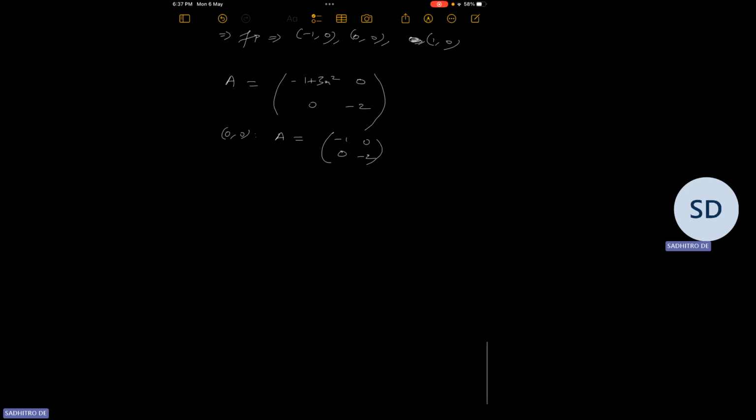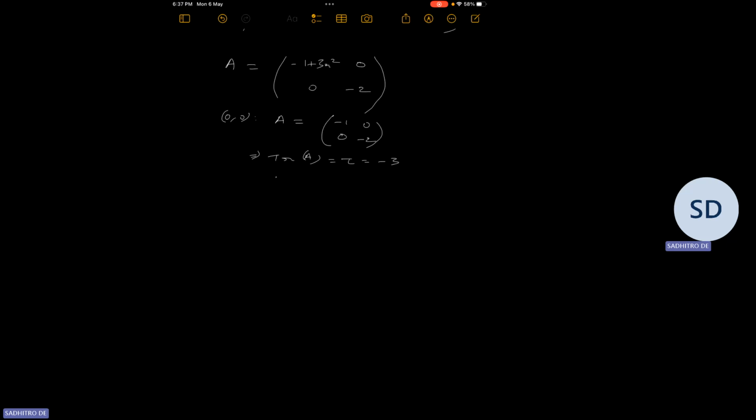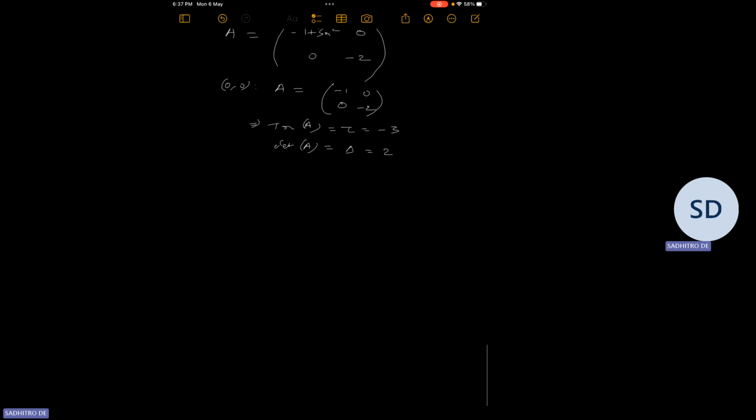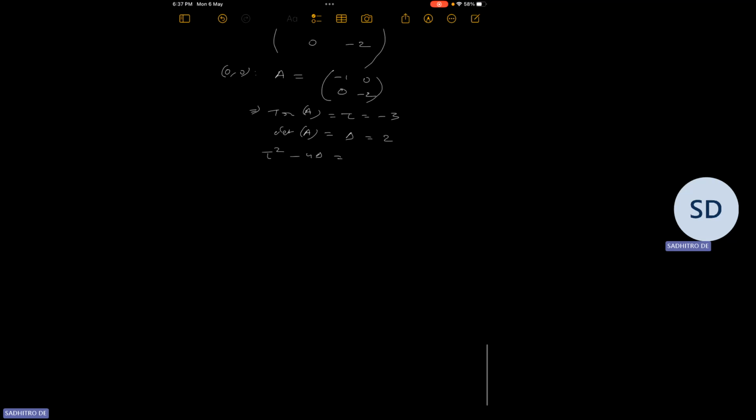So here the trace of A is tau, which is minus 3, and the determinant of matrix A, which is delta, is equal to plus 2, and tau squared minus 4 delta is equal to 9 minus 8, which is equal to 1, which is greater than 0.